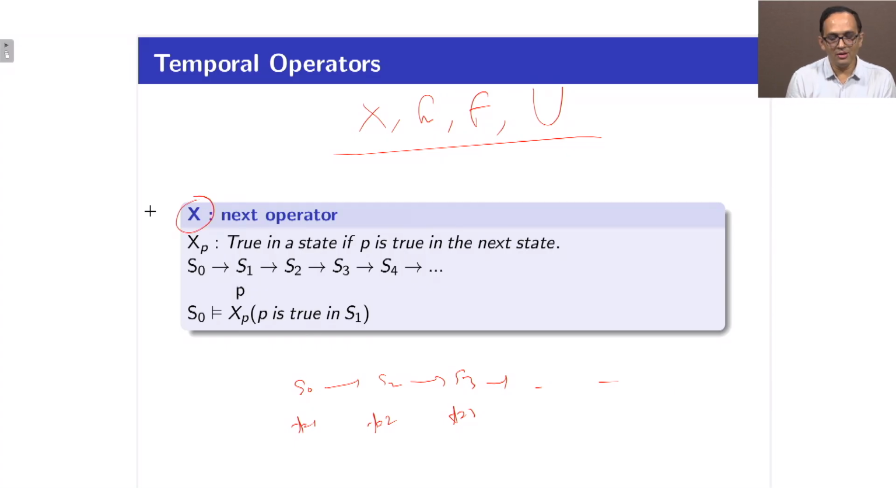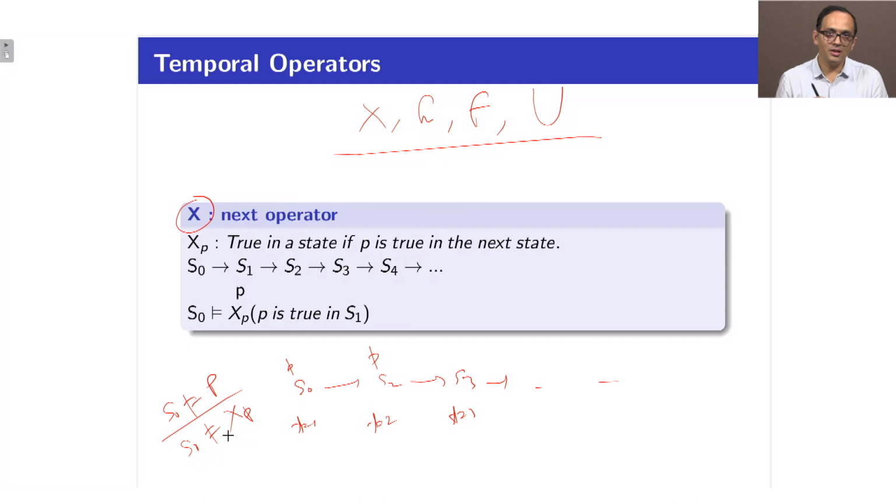For example, say some property p, or proposition p, holds here, then I will write S0 satisfies p. That means p is true in state S0. Now, if p also holds in the next state, then I can say S0 also satisfies next p.